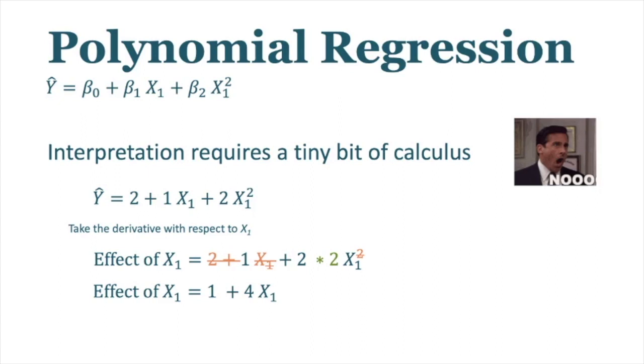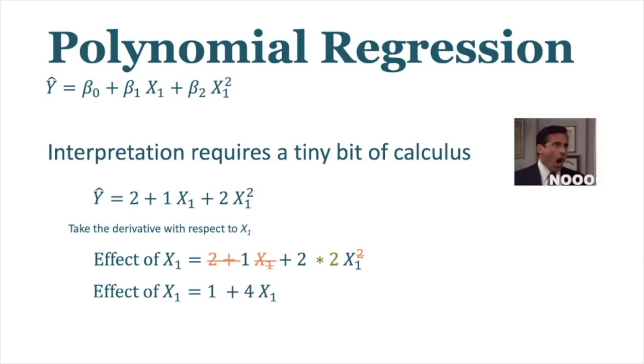And what we're going to do with those variables, if it's just a regular x1, there's no power to it, you're just going to drop that variable. So we're just left with 1 for that part. And then where you have a squared variable, you're going to take the 2 and put it in front of the x, and then the x is just going to stay.